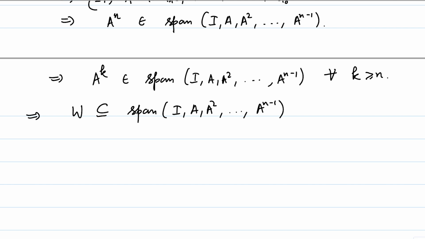But what is W? W is the span of I, A, A squared and so on, and therefore the right hand side in particular is contained in W. So by this observation and the fact that the span of I, A, up to A to the power n minus 1 is contained in W, we get W is equal to the span of I, A, up to A to the power n minus 1.